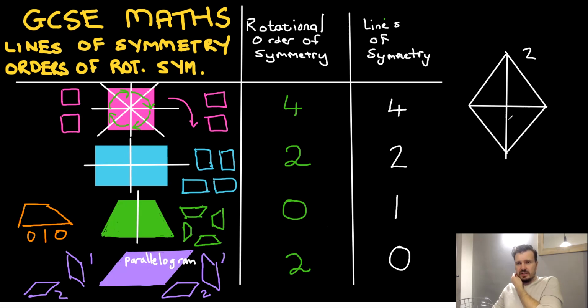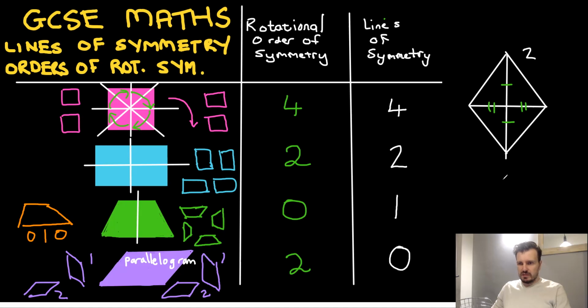Okay, because these lines here are not necessarily the same, right? So these are equal and those are equal, but I can't say that the one in red that I've done is equal to that one in red, because it's a squashed-down square. So the rotational symmetry is only 2 if I draw it.